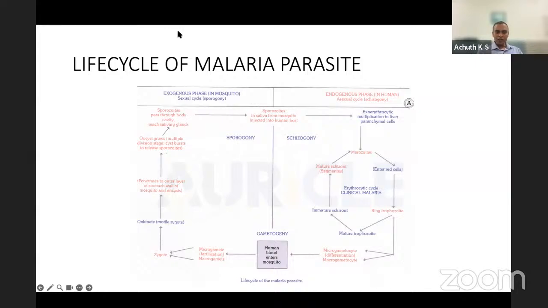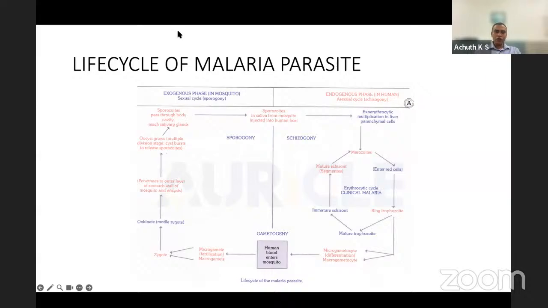Once these sporozoites enter the human blood, they undergo exoerythrocytic multiplication, that is multiplication in liver parenchymal cells, outside the blood cells. The product is released as merozoites. These merozoites enter the blood cells and form ring trophozoites.